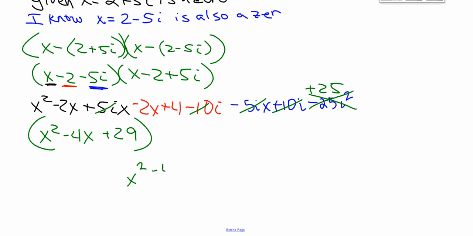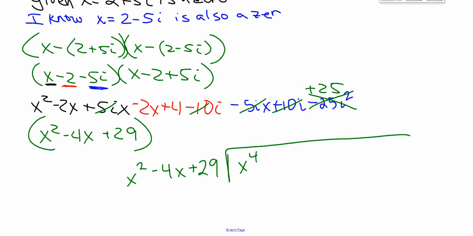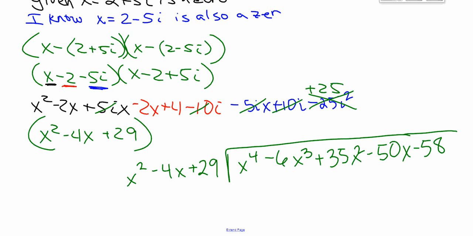So x squared minus 4x plus 29, and I'm dividing it into x to the 4th minus 6x to the 3rd plus 35x squared minus 50x minus 58. Can I just tell you what it is? Because you know how to do this, right? So, okay, this is x squared minus 2x minus 2. Does it factor? Look at it.